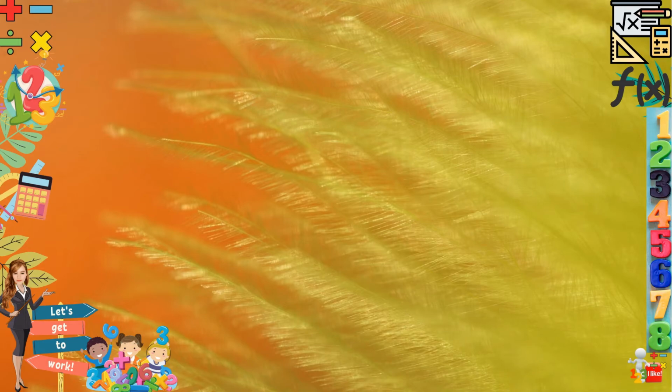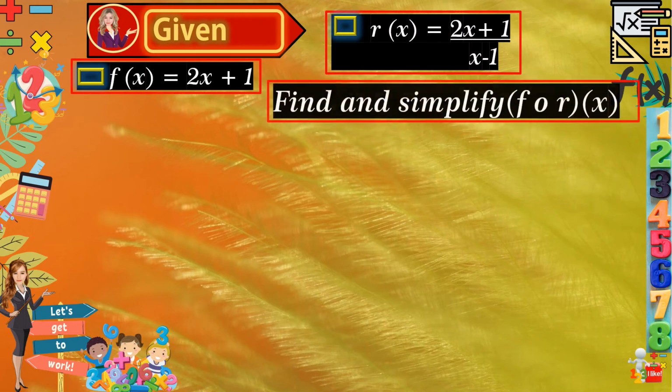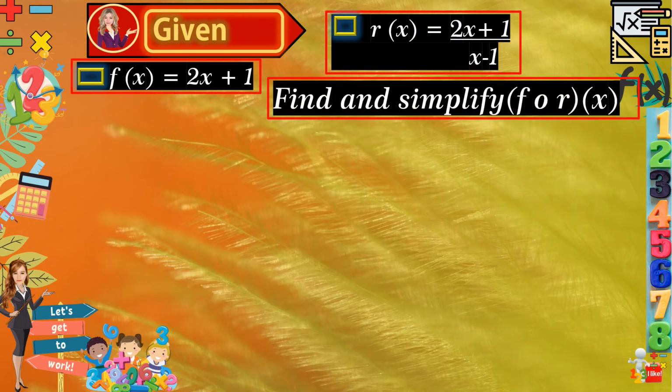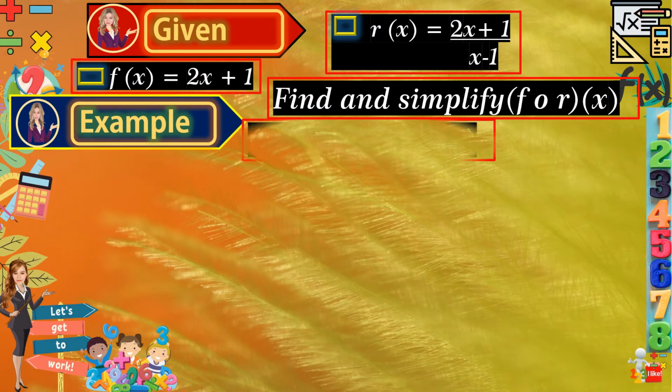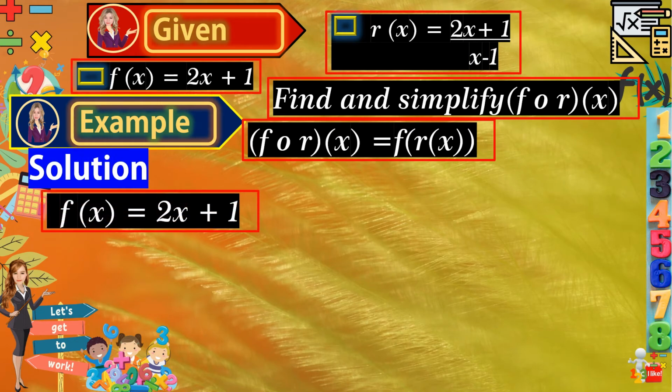Let us proceed to this example. You need to find f composed with r of x, and it's also equivalent to f of r of x. First step, copy the value of f of x, which is 2x plus 1.